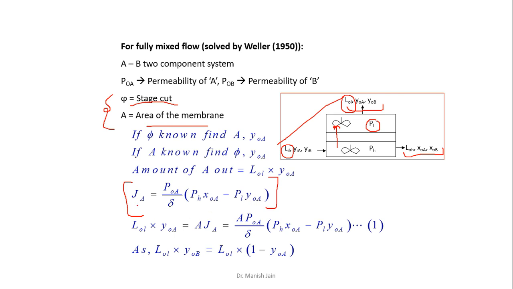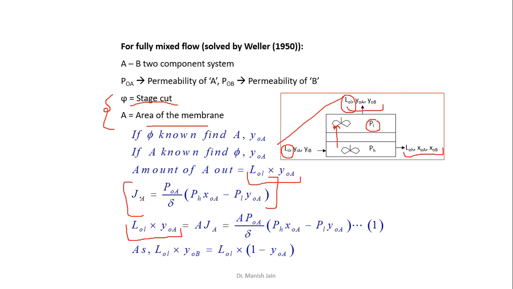Now here you can write LOL multiplied by YOA as A multiplied by JA. Why? Because this term gives you the amount of A that comes out from the permeate stream, and that should be equal to the area of the membrane multiplied by flux.